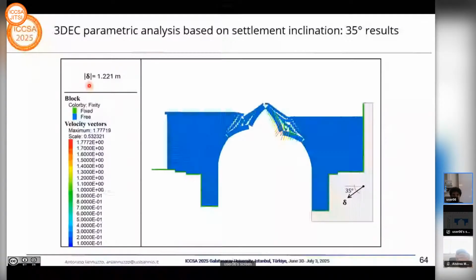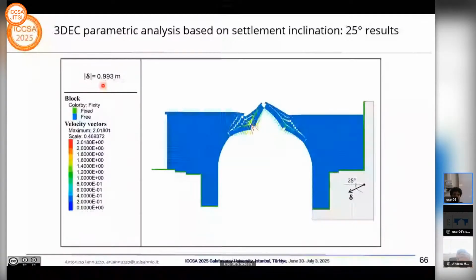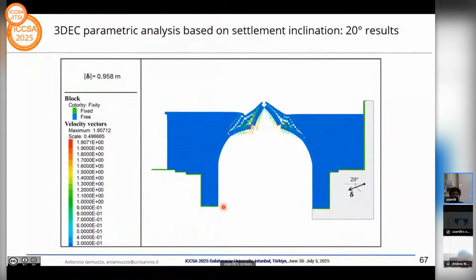What we were able to understand, based on the information we gathered on the foundation of the right part and the final configuration of the bridge, is that the solution in terms of displacement should have been around 1 meter. So most likely the foundation displacement that caused the collapse was around 20-25 degrees.